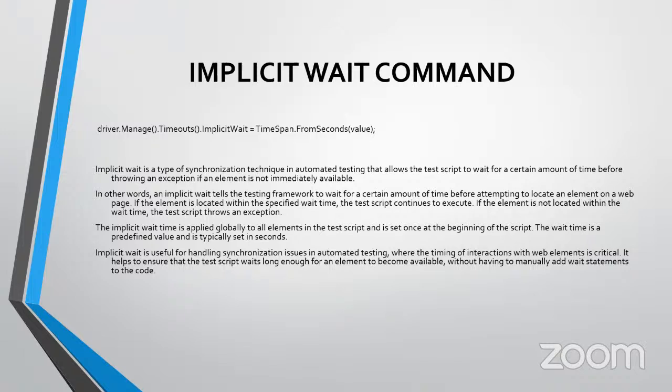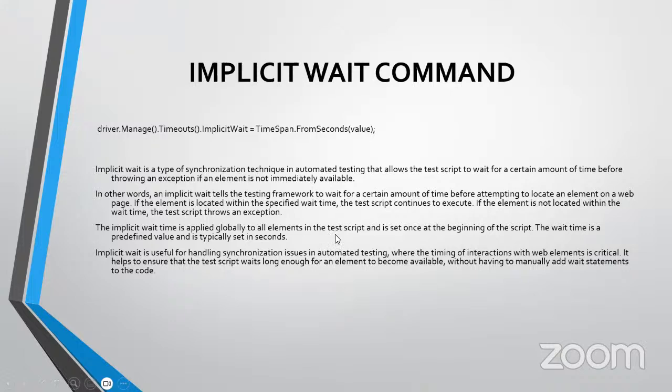Someone will ask, what is the difference between implicit wait and thread.sleep? With thread.sleep, you add to your code a wait. For instance, if you give a value of 5,000, which is 5 seconds, your code is going to wait for the whole 5 seconds before it moves to the next code.